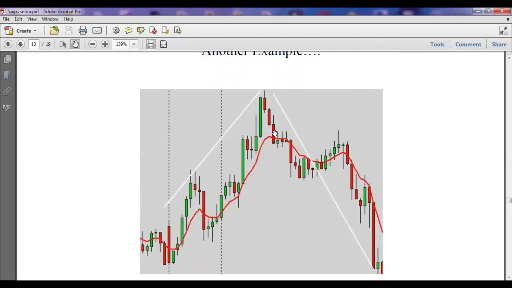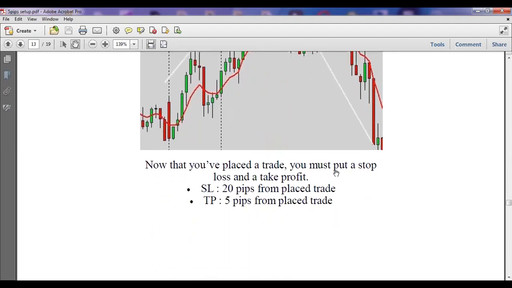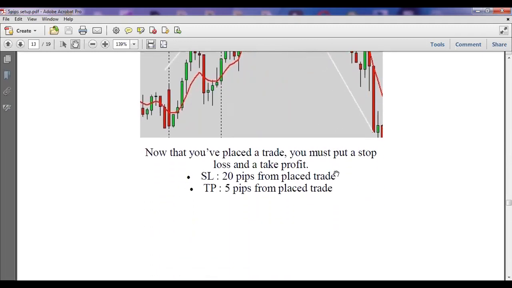Then the third bar forms and closes below the moving average. This is where you place your sell, with a stop loss of 20 and a take profit of 5.